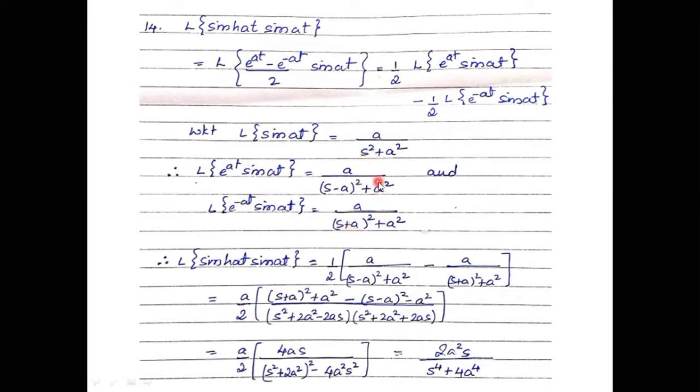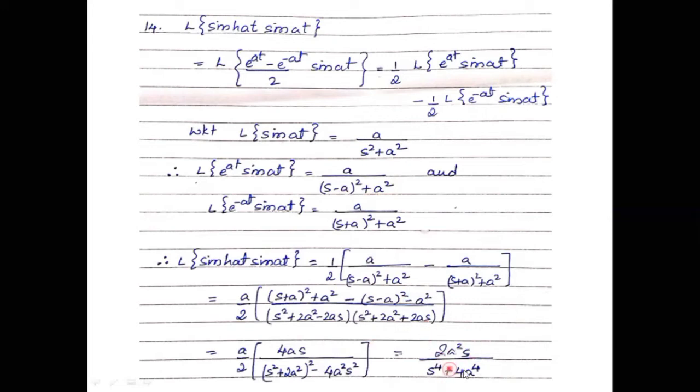And I have used this 2 here in this equation. So Laplace transform of sine hyperbolic at into sine at is equal to half into, I have taken this half outside, Laplace transform of this is a by (s minus a) whole square plus a square, minus this. I have taken all LCM, and when you solve this, you'll get like this.